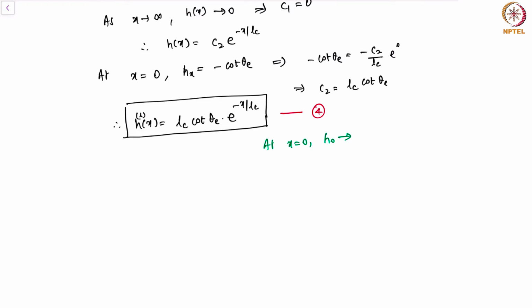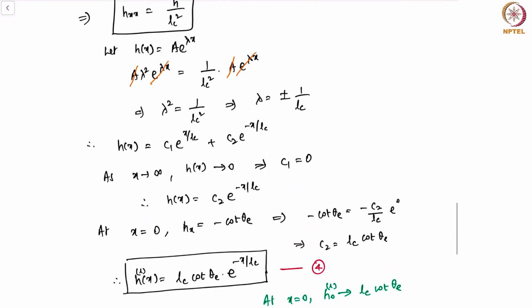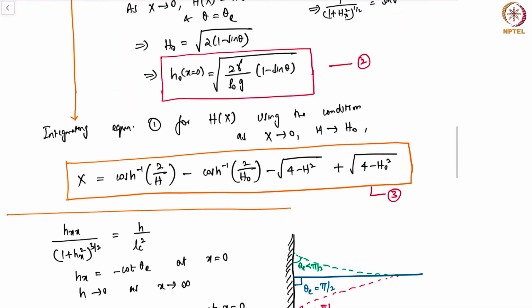So the solution of the linearized equation, h naught of L, essentially becomes LC cot of theta e. Contrast this with what we had got earlier, which says that h naught is equal to LC times square root of 2 into 1 minus sine theta.